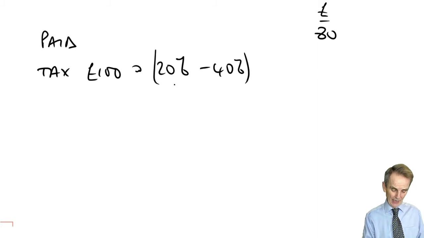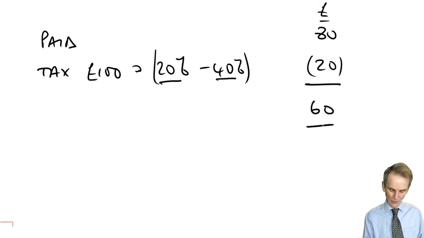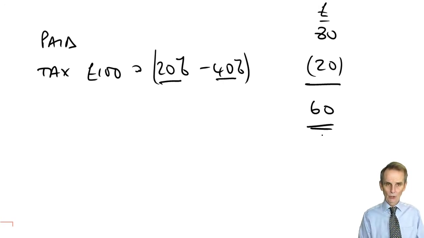So 100 taxed at 20%, £20, compared to what would have been £100 taxed at 40% had it been in the higher rate band, is £20. That tax saving there, that's the tax saving that you've achieved, brings you down to a £60 net cost. Exactly the same. Now then, don't worry about proving it, because you'll never have to.